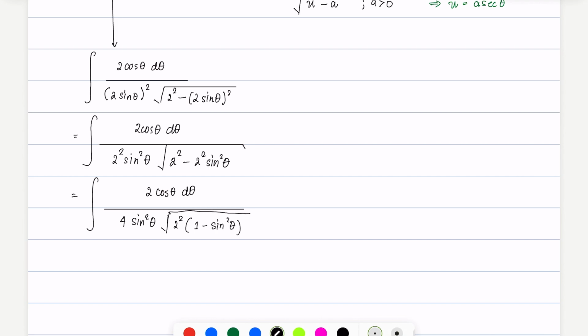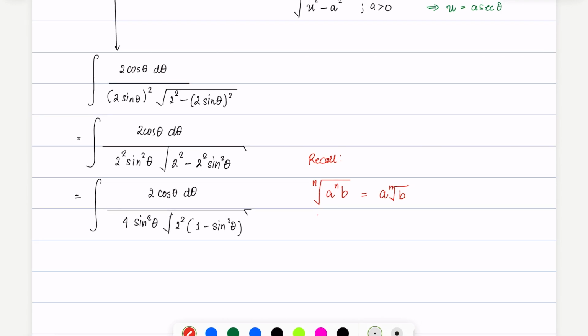All right. So from there, I'm hoping you can remember. I will just try to write it here. Recall from your algebra that if you have the nth root of a to the n multiplied by b, that can be simply written as a times the nth root of b. Or simply, if you have the nth root of a to the n, that will just be written as a.